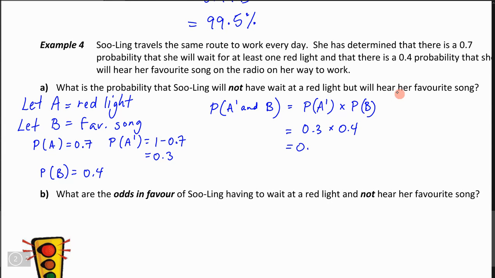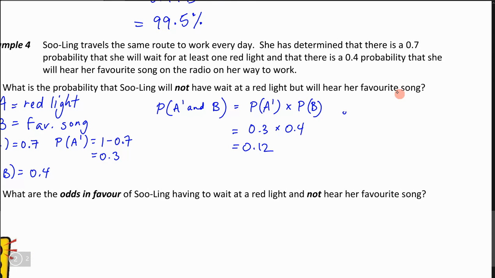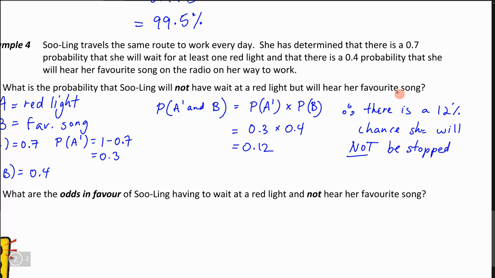That's 0.12. So therefore, there is a 12% chance she will not be stopped, but still hear her song.